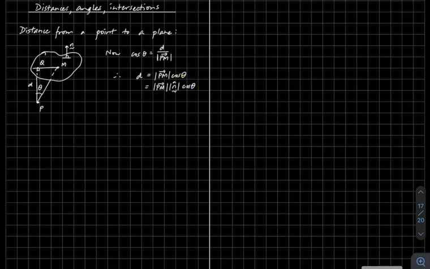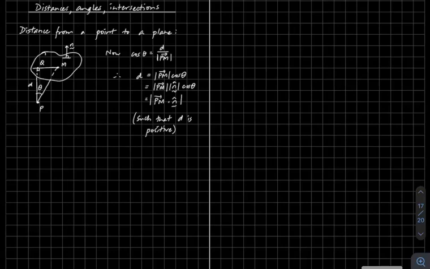So in fact, that's just equal to the dot product of the vector PM and the unit vector N, by definition of the dot product or the scalar product. Now, because in our case we want D to be positive, we will say it's the magnitude of the dot product, so that we're not getting a negative distance.